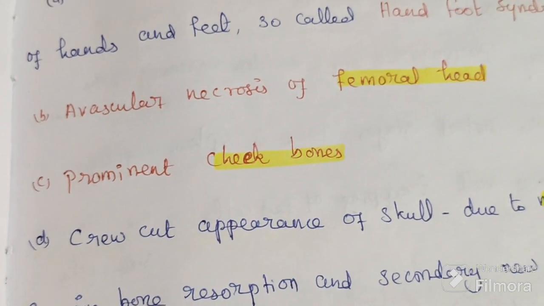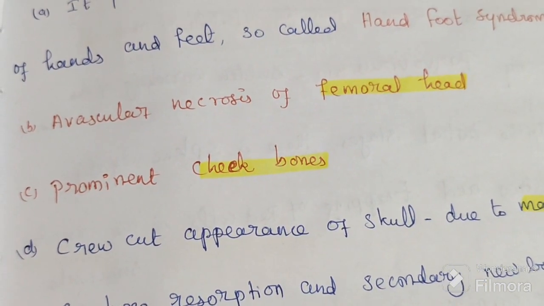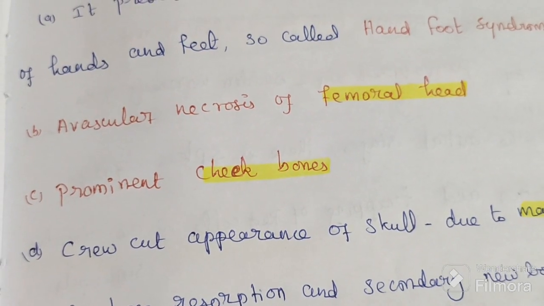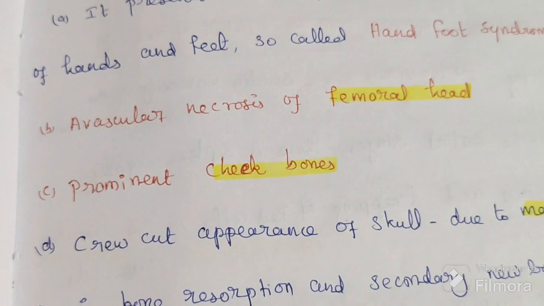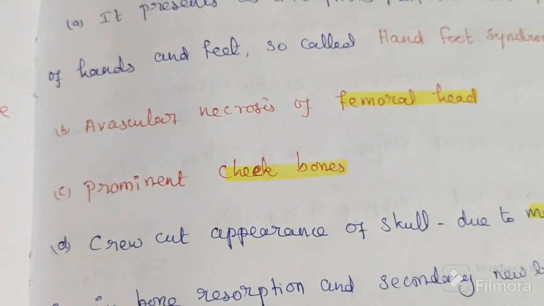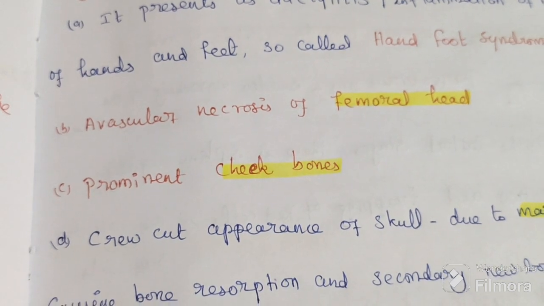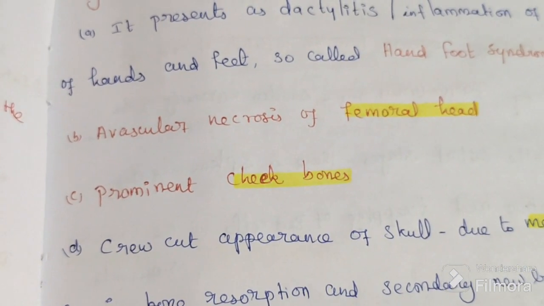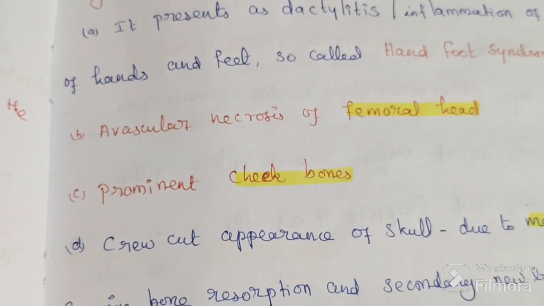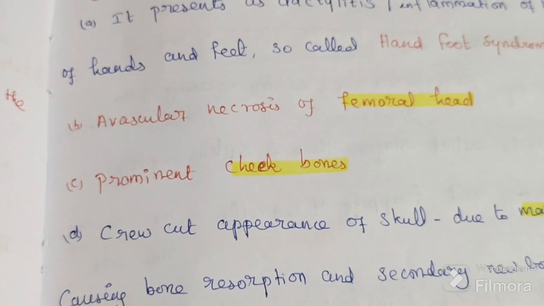Next one is the femoral head, where AVN, avascular necrosis, occurs. The cheekbone becomes prominent: in the bone marrow, the maxillary bone in the cheekbone tries to compensate by erythroid hyperplasia.